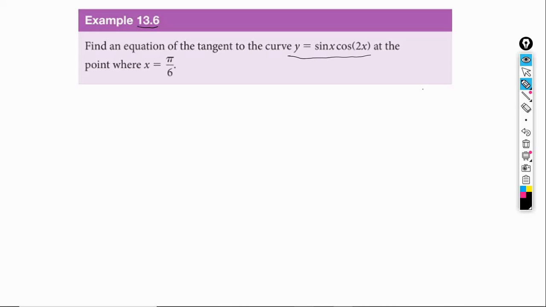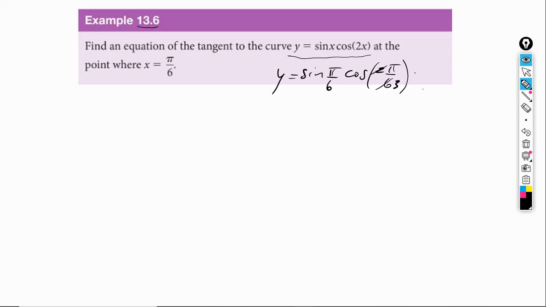So, what is the y-coordinate when x equals pi over 6? Well, the y-coordinate would be equal to sine of pi over 6 times cosine of 2 times pi over 6. But notice that this is the same as pi thirds.